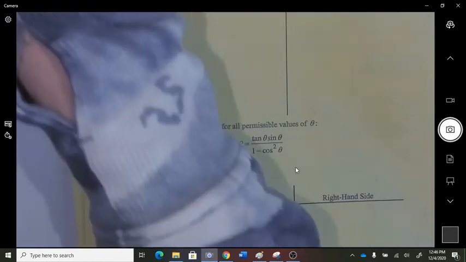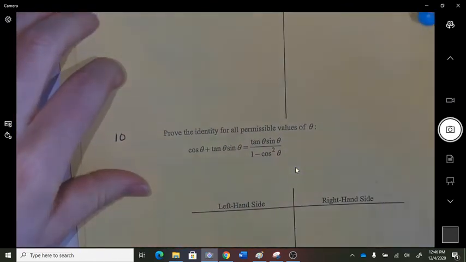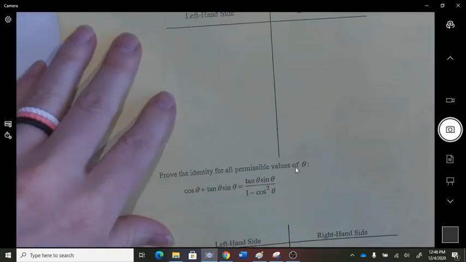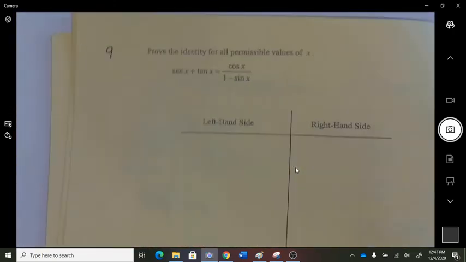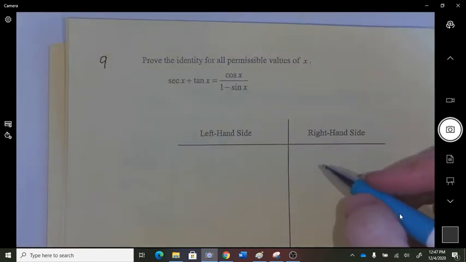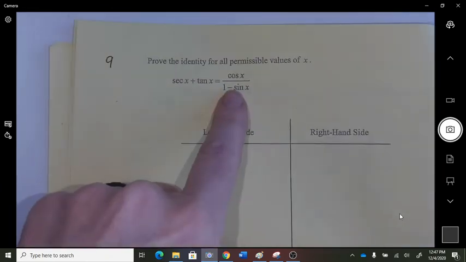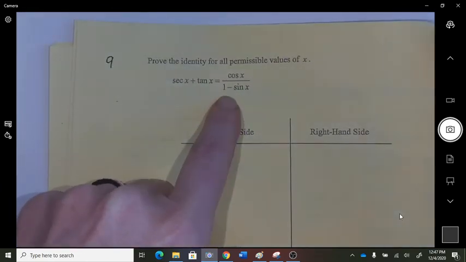Okay, question 9. So which side looks more complex? I would say the right-hand side. So I'm going to go with the strategy of seeing this and trying to conjugate multiply.